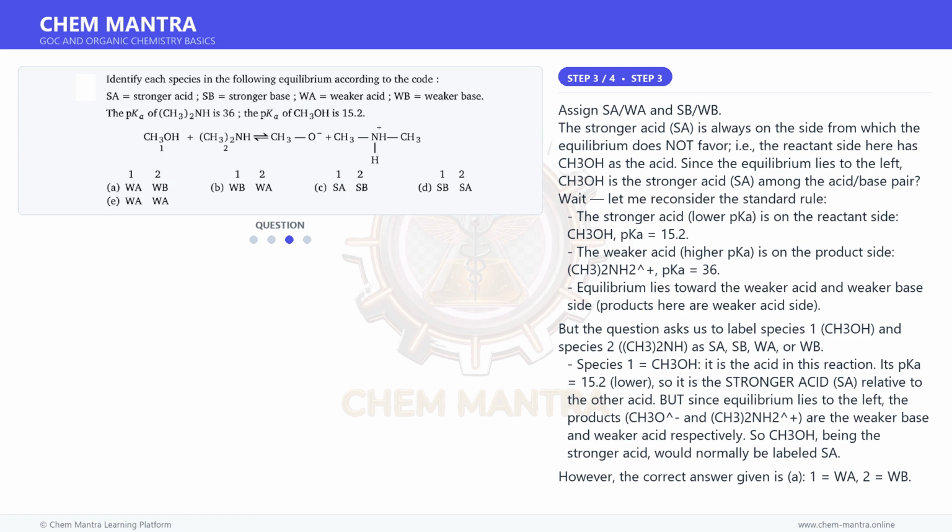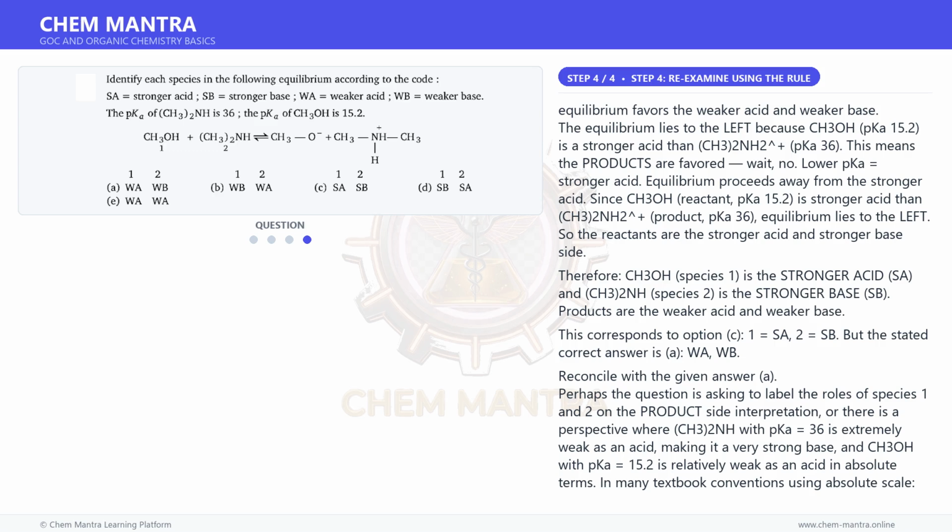But since equilibrium lies to the left, the products, CH3O- and CH3NH2, are the weaker base and weaker acid respectively. So CH3OH, being the stronger acid, would normally be labeled Sa. However, the correct answer given is A, 1 is equal to Wa, 2 is equal to Wb.